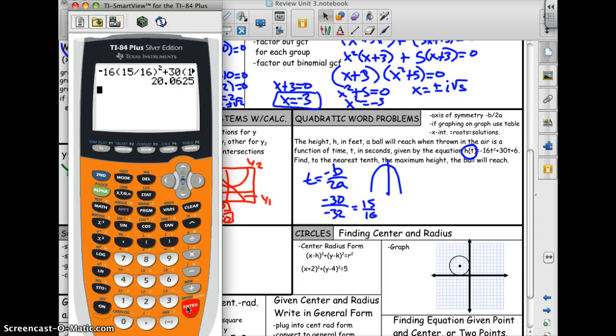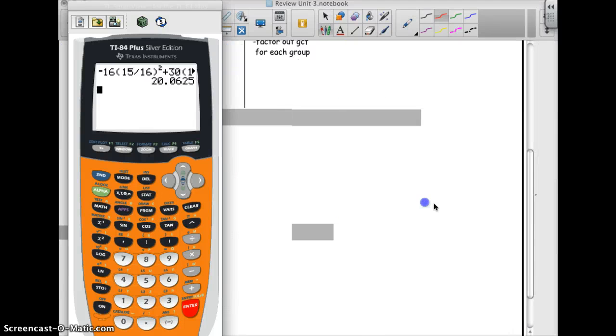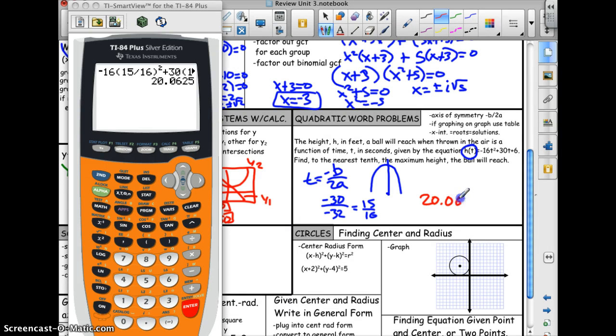And 20.0625, that's the maximum height. And that comes from evaluating h of 15/16.